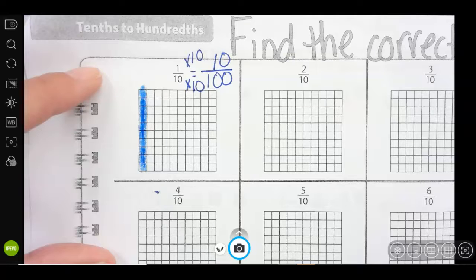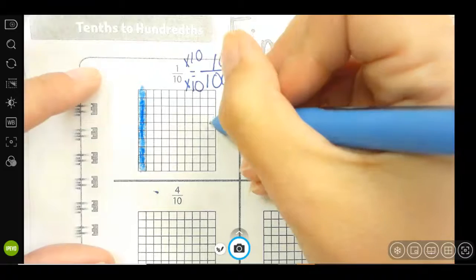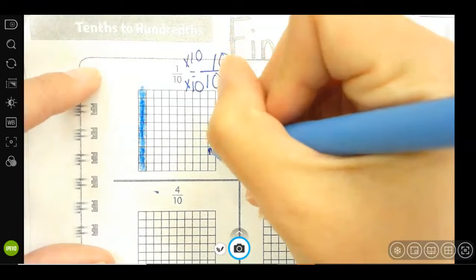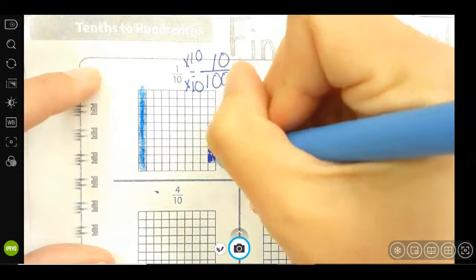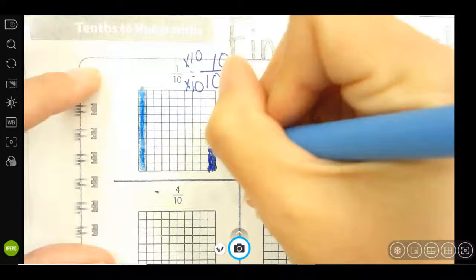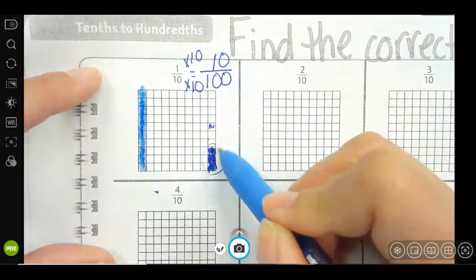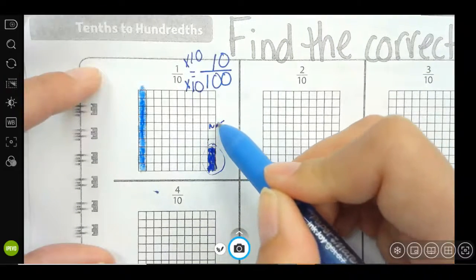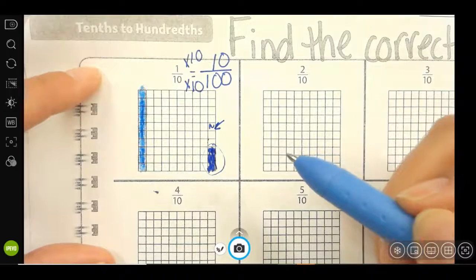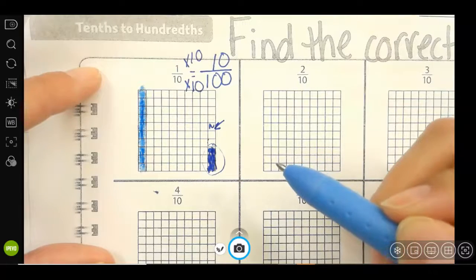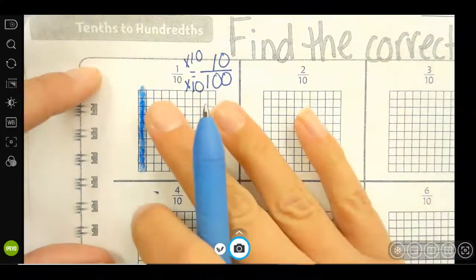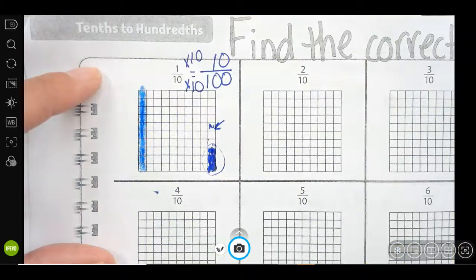There might be something like this on FSA, and if you saw something on FSA and it was colored like this, I'm just saying for the future, these I would consider fully colored in and correct, but this one right here, not so, okay? So when you're coloring in your squares, practice doing it neatly, okay?